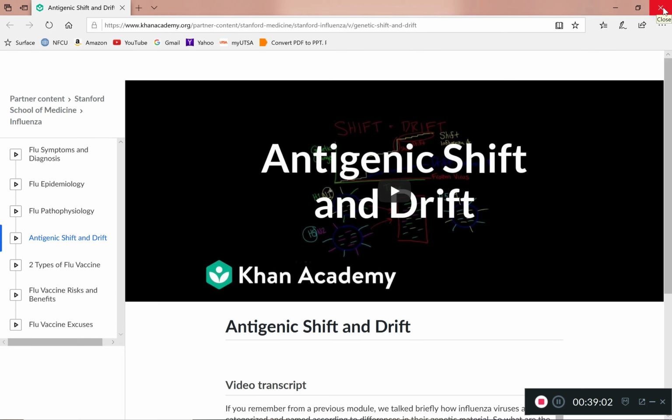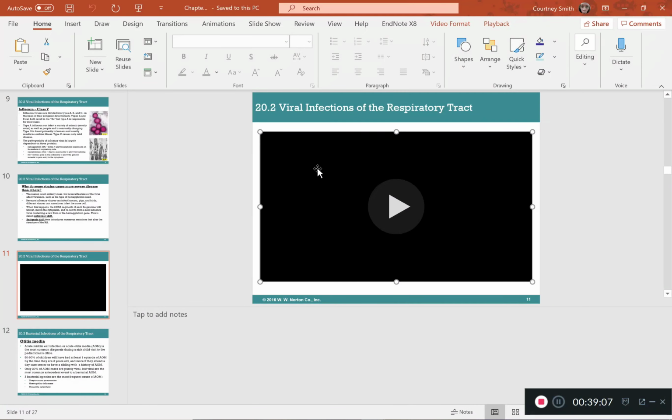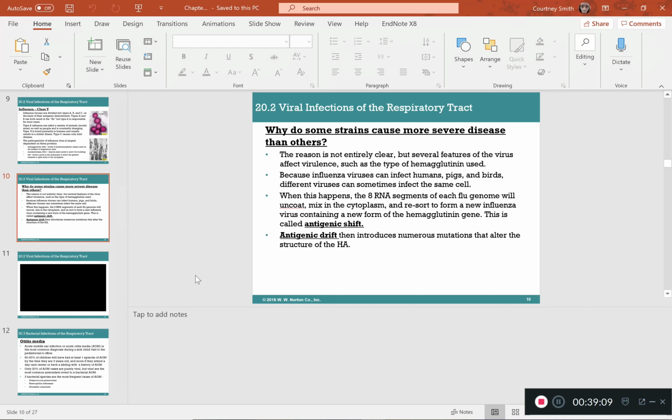Essentially, you need to know the difference between them. Drift is random mutations whenever influenza replicates, whereas shift is a huge mutation because of two viral strains coming together and making a new one. That's the big difference between them.